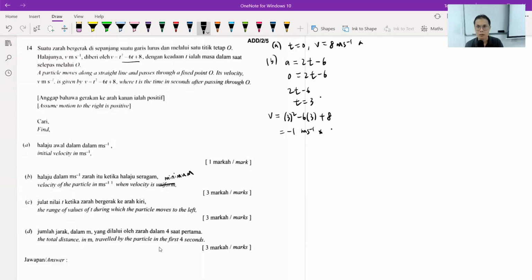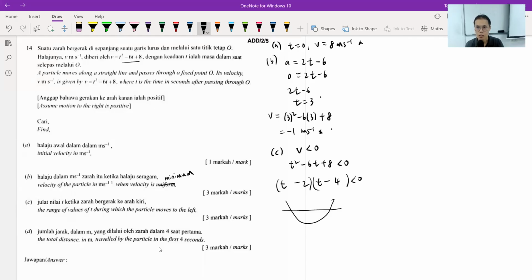Next one. Find the range of values of t for which the particle moves to the left. The particle will move to the left when the velocity is less than 0. We know our velocity function is t squared minus 6t plus 8, and this is less than 0. We can factorize this with double brackets. For the factors of 8, we should use 2 and 4, and they are both minus.